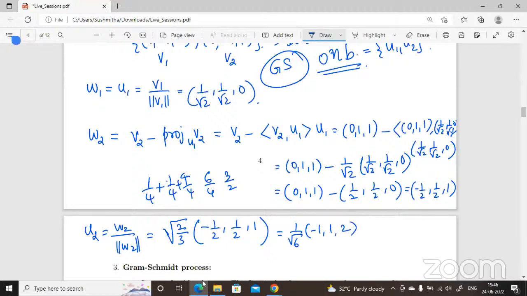Am I correct? I guess. Shouldn't it be 1 by root 2? I've taken that root 2 here. Yes, is it correct?